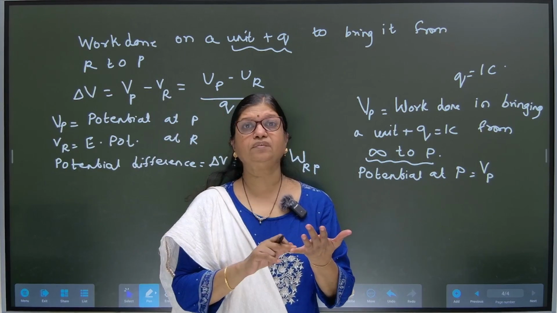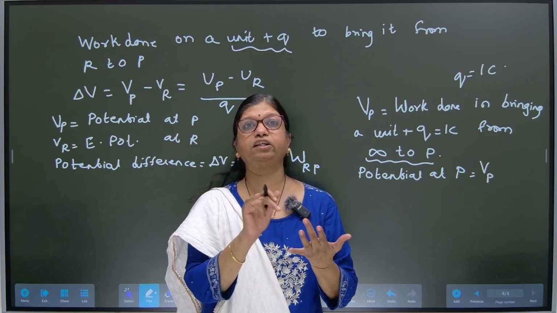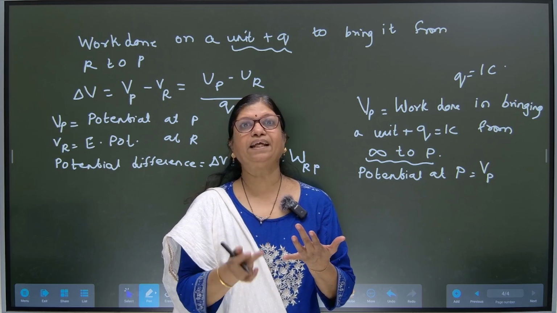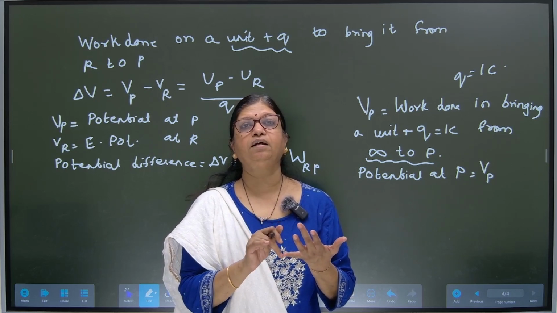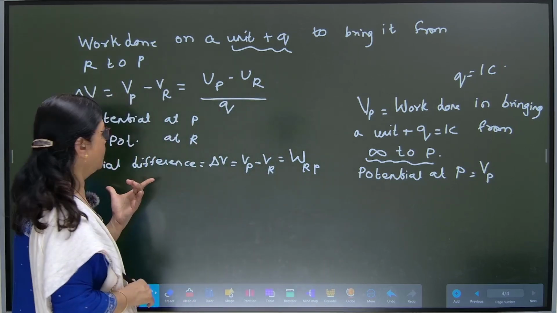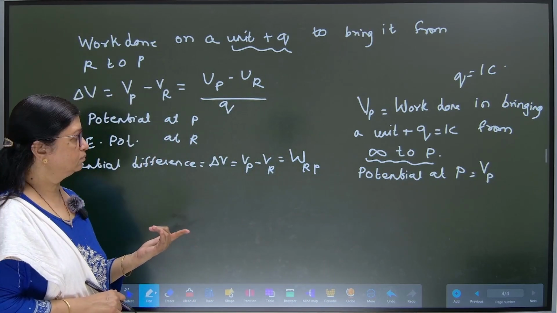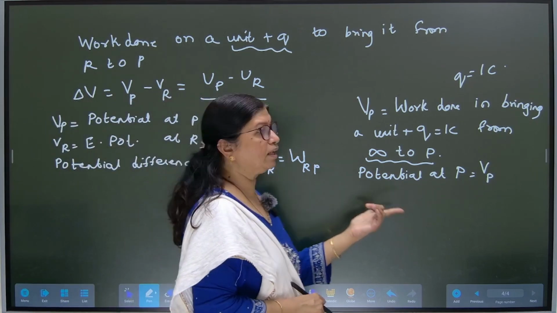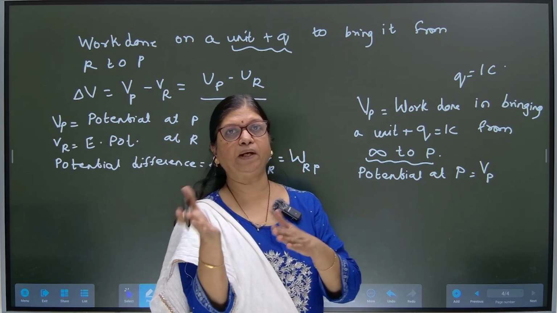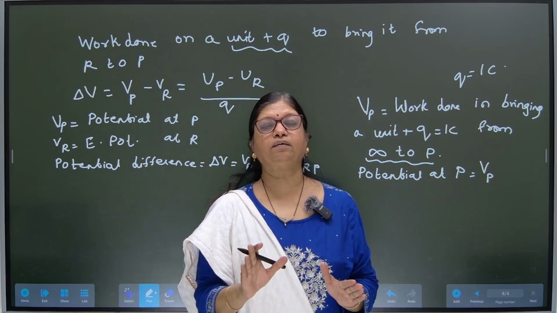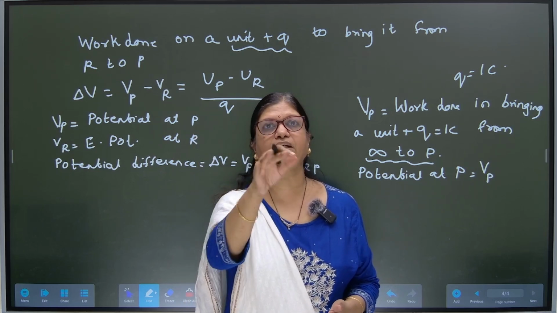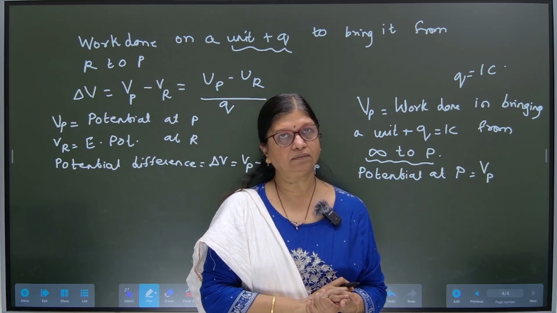So, we have learned potential energy difference, delta U. Then we have learned the potential energy at that point, UP. Here we have learned potential difference. And here we have learned potential at the point P. When the word difference comes, it is from one point to another point. When the word at that point comes, then it is at that point where you are shifting the charge from infinity to that point. Clear?